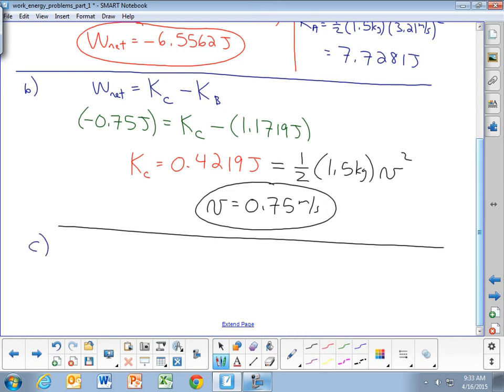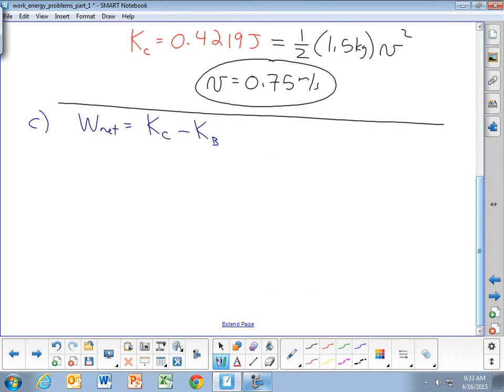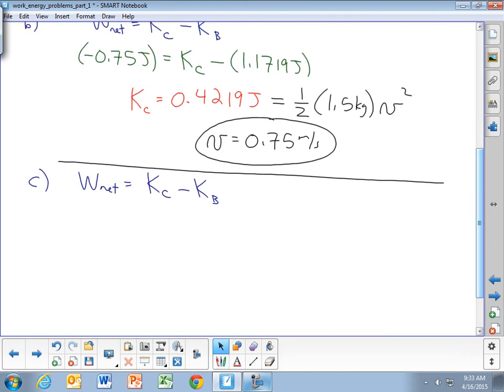So again, we're going to use the net work done is the kinetic energy at C minus the kinetic energy at B. But now in this part, we're told we have positive 0.75 joules of work done.